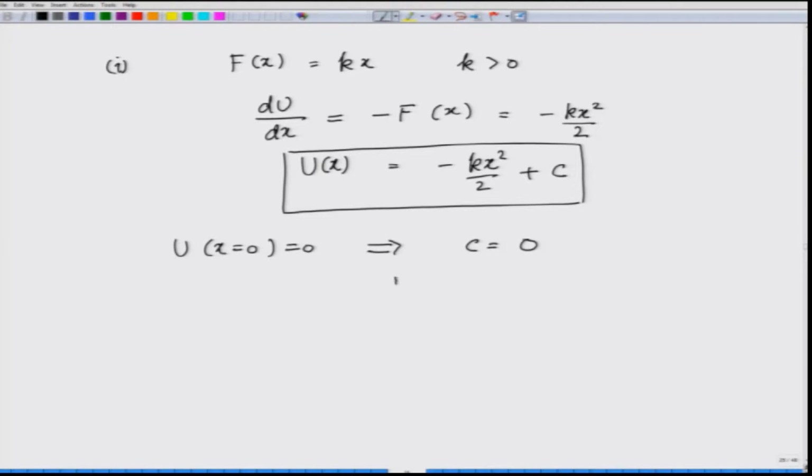So, if I were to plot the force Fx versus x, you can see that the force is a straight line. It is greater than 0 for x greater than 0 and less than 0 for x less than 0.